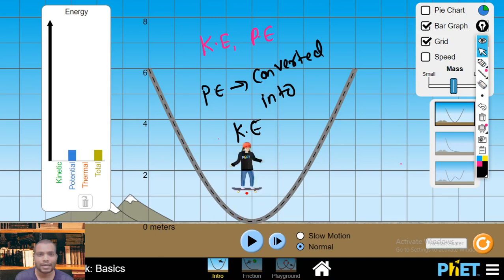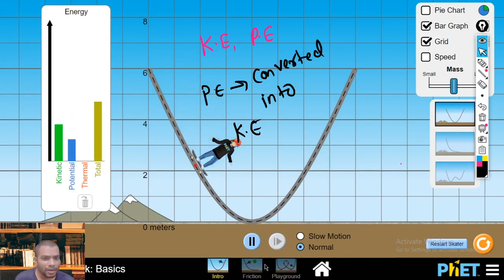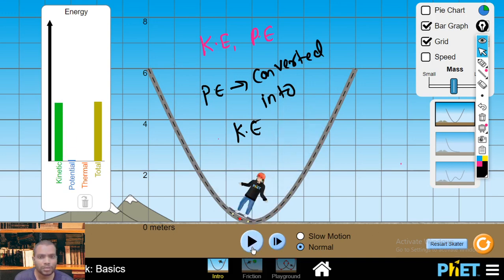So let us observe one more time here. Suppose I place him here at 6 meters and release him. If you observe the bar graphs carefully, when he comes to the bottom, his potential energy becomes 0. The entire potential energy is converted into kinetic energy.